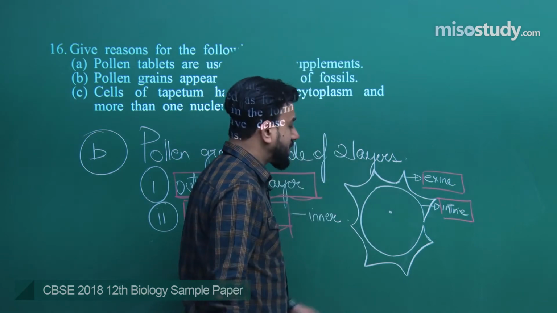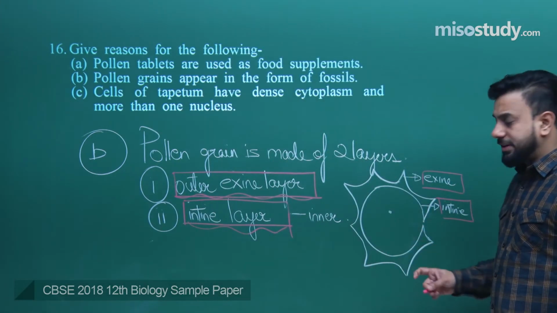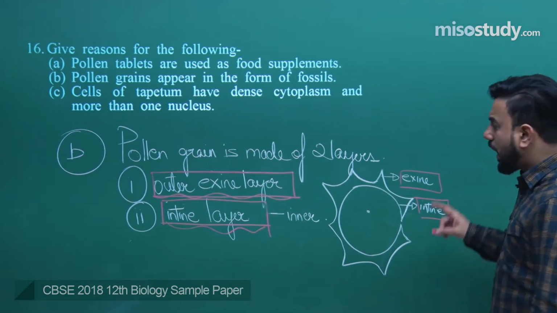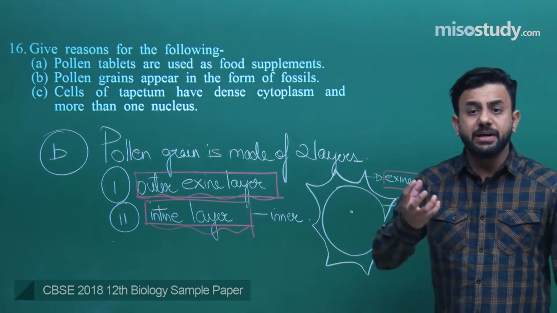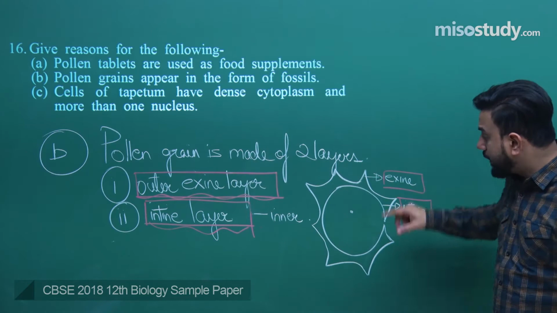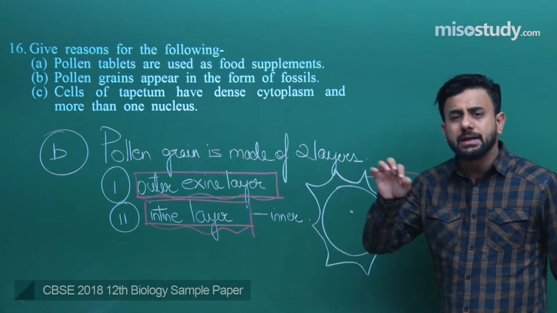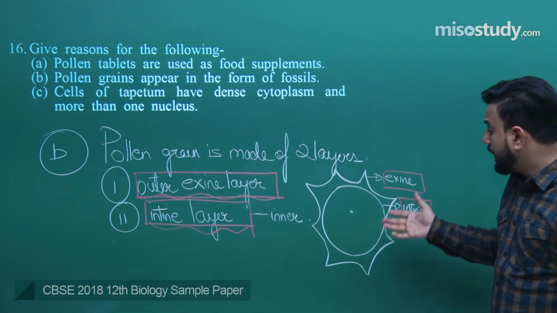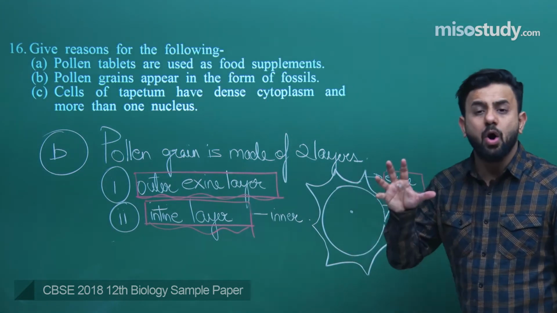So friends, this is the structure of the pollen grain. This is the outer exine layer and this is the inner intine layer. Now what do we see? That the outer exine layer is very tough, very hard and ornamented. You see the ornamentation like a crown. It's a little design type, not very designy, so that's why we say ornamented. So it's hard, tough and ornamented.